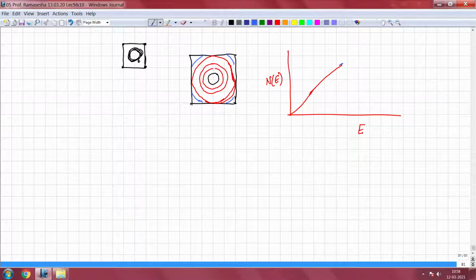So it peaks and then it comes down. When it peaks, you have actually gone into the second zone, because the broken part of the circle is in the second zone.